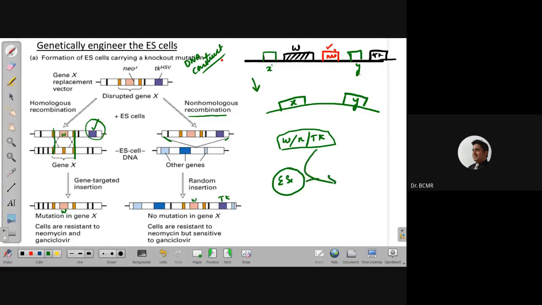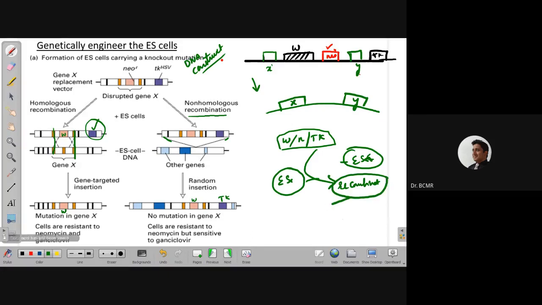And then there are 3 possibilities, right? Some cells did not get anything. They didn't have anything at all. Second is cells that are recombinants, by homologous recombination. So the first ones are non-recombinants, the second ones are recombinants.